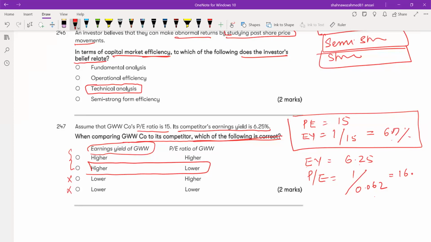Earning yield of GWW is 6.7% and earning yield of the competitor is 6.25%. So earning yield is higher and PE ratio is lower.